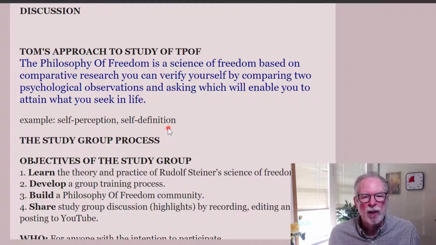There are no limits. You can define yourself to become anything you want. You can strive for your highest ideals, and that's going to put you on the course to attain what you seek in life. So there's a simple comparison and a simple conclusion. This is a process by which you can verify everything in the philosophy of freedom, a simple process.